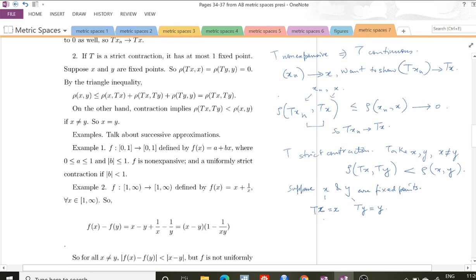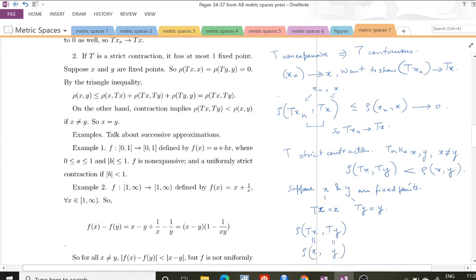If I look at the distance between tx and ty, this is exactly the point x, and this is exactly the point y.